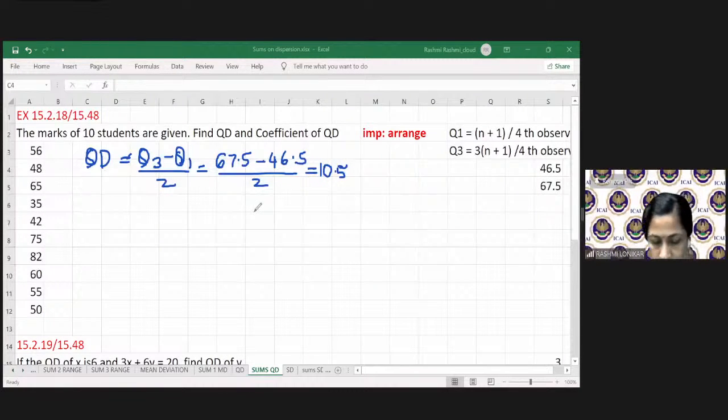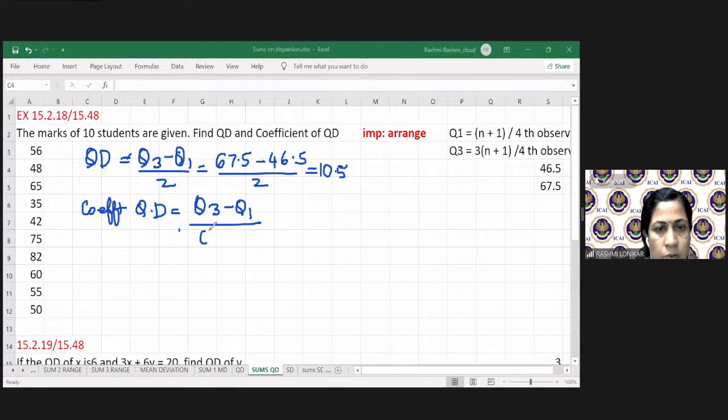Very good, Rudrani. And can you also find me the coefficient? Sachi, it will be divided by 2. Coefficient of quartile deviation will be equal to Q3 minus Q1 upon Q3 plus Q1 into 100.